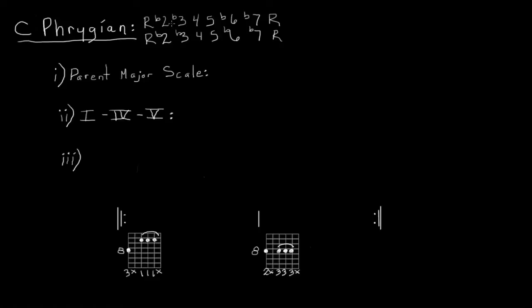One of the questions that I get a lot is, where does the formula come from? Where do these flat 2s and flat 3s and flat 6s and flat 7s come from? I'll explain.